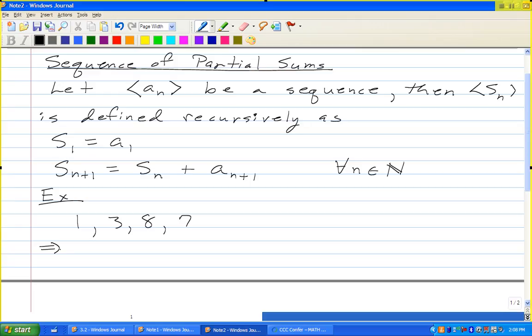Then the sequence of partial sums would be 1, 1 plus 3, 1 plus 3 plus 8, 1 plus 3 plus 8 plus 7, 19. Okay, so we can think of this as just 1 plus 3 plus 8 plus 7.